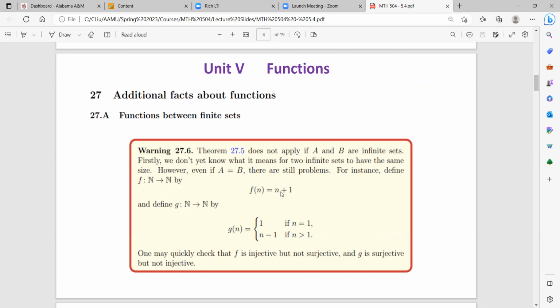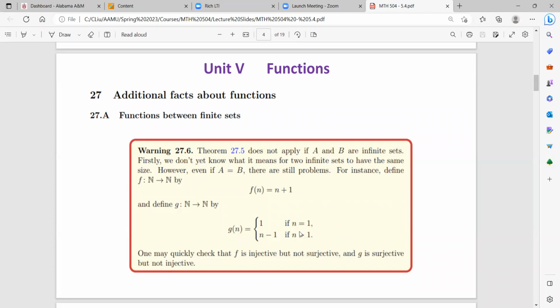So that is injective, or one-to-one, but it's not surjective, because if you think about the number 1 in the codomain, 1 is a natural number, but you cannot find a pre-image for it in the domain, because the only way to get 1 is n equal to 0, but that's not a natural number. So it's not surjective. The 1 in the codomain does not have a pre-image in the domain.